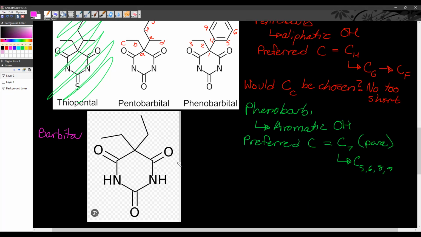For barbital, what would be the preferred of our 2 hydroxylations? Which one would be preferred? Aromatic, aliphatic.